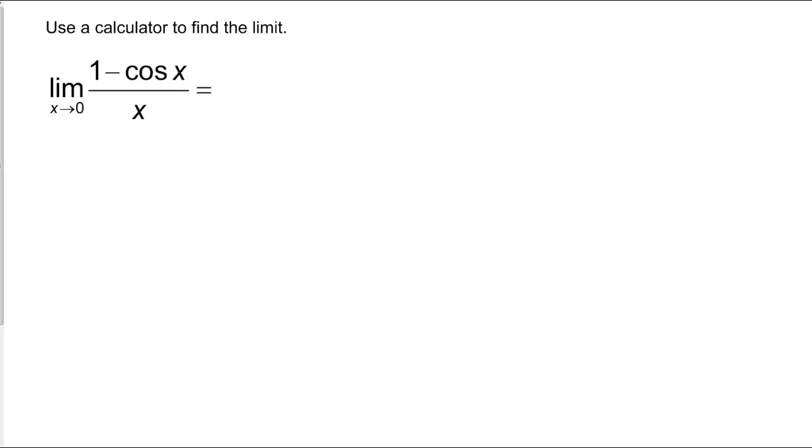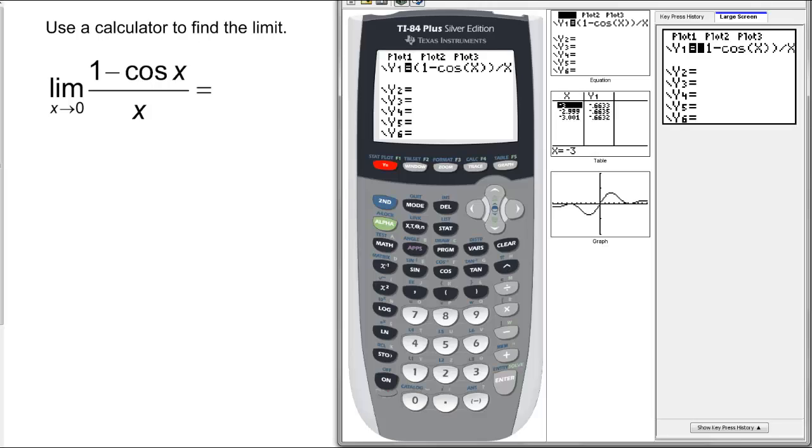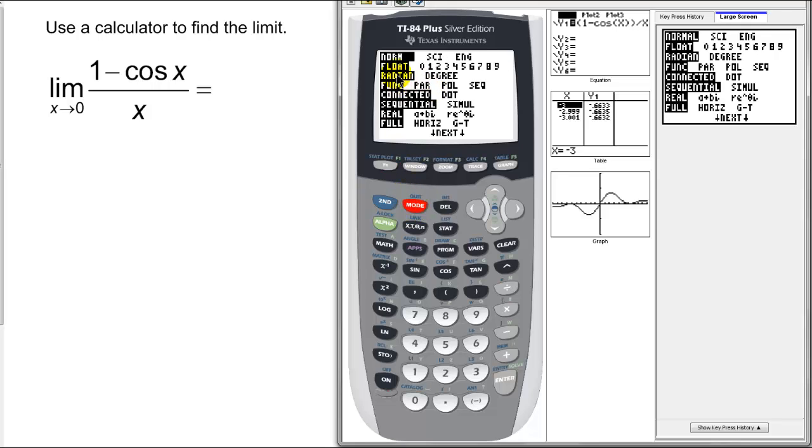Now we can also use this calculator method to find limits of trig functions. So once again, you'll notice I've plugged in the function such that my numerator is all in parentheses. My denominator is a singular term, so I don't have to worry about that being in parentheses. And then because we're combining a linear and a trigonometric function, I'm going to make sure my mode is in radian value.